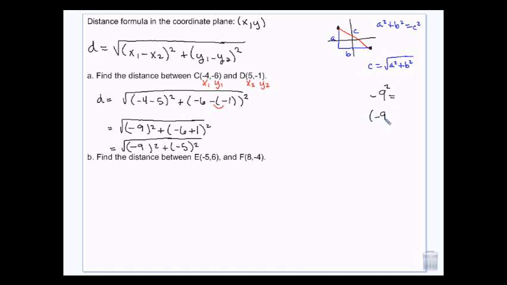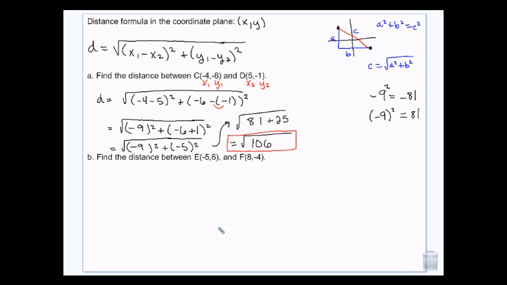This and this are not the same thing. Does everybody remember that? Because this is -81 and this is +81. And we're squaring what's inside the parentheses, so we want +81. And +25, and that is 106. And you can leave it just like that because it's not a perfect square.